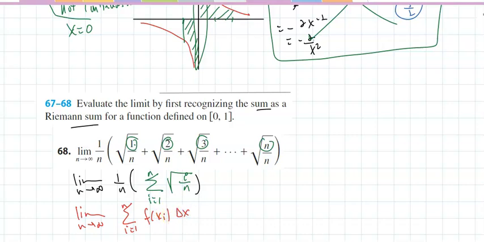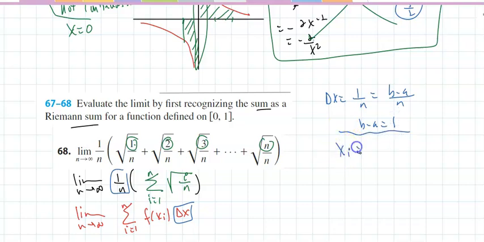Can you see where delta x is? Delta x equal 1 over n, and that's b minus a over n, so I know b minus a equal a 1. Very good. And I know that x sub i is a plus i times delta x.